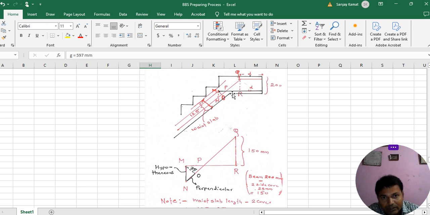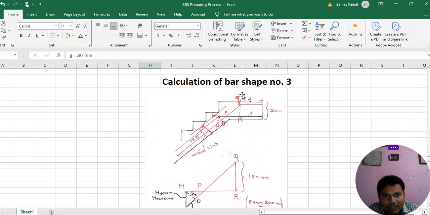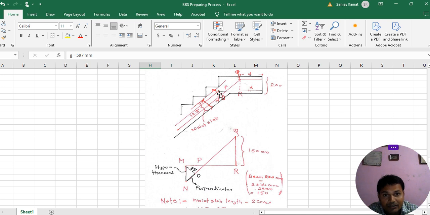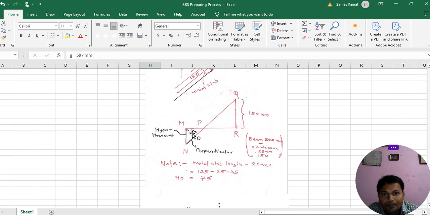Now if we extend this line and bend it to join with this 200 mm line, then this type of figure will form. Here you can see two triangles will form.